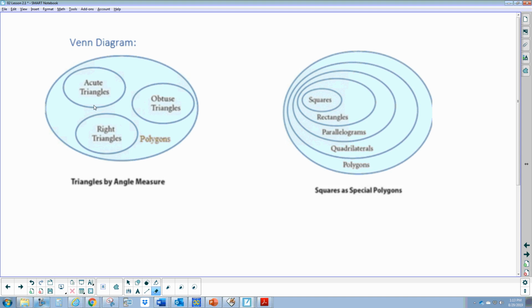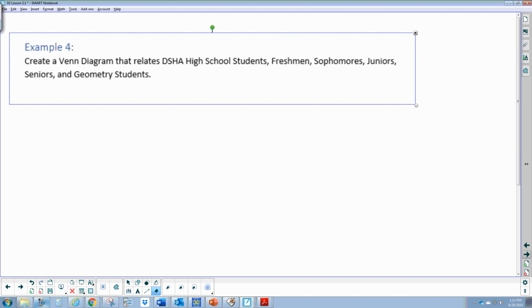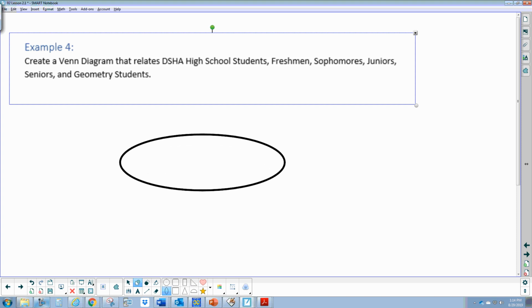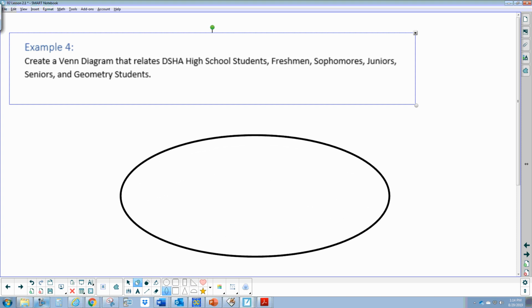Okay, so let's look at creating a Venn diagram relating DSHA high school students, freshmen, sophomores, juniors, seniors, and geometry students. Okay, so let's start just by, here's all of our DSHA students. Okay, all of these things, freshmen, sophomores, juniors, and geometry students at DSHA, all of these groups of people are part of DSHA.